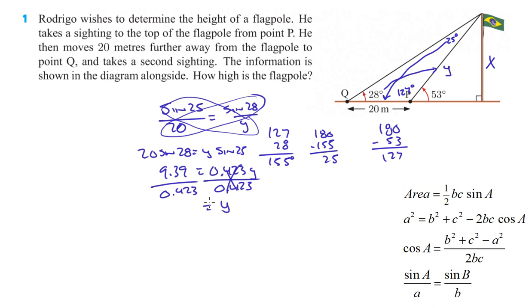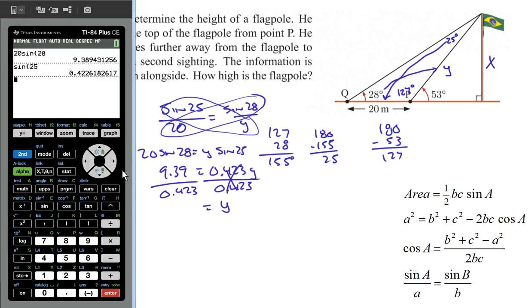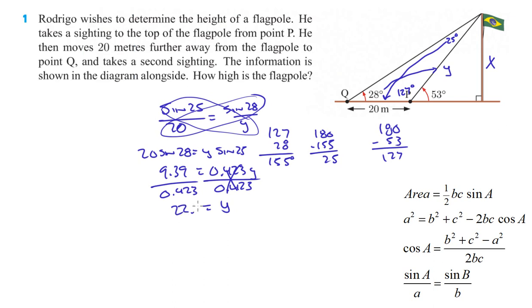Right? And that'll tell us what that y side is, and then we can figure out what x is. Okay? So 9.38943 divided by our answer, which is our 0.422, gives us 22.2.